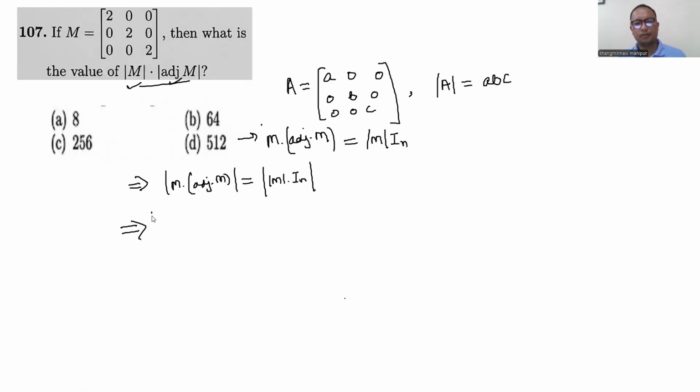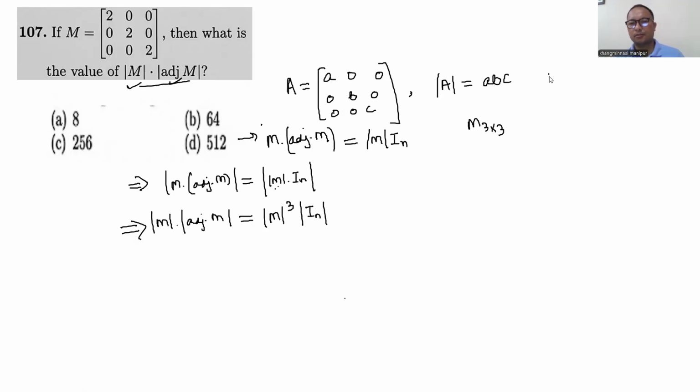The determinant of a product is the product of the determinants, so we get the determinant of M and the determinant of adjoint of M. Now M is a 3 by 3 matrix, and the determinant of M is a constant, so the determinant of M to the power 3 times the determinant of the identity matrix.